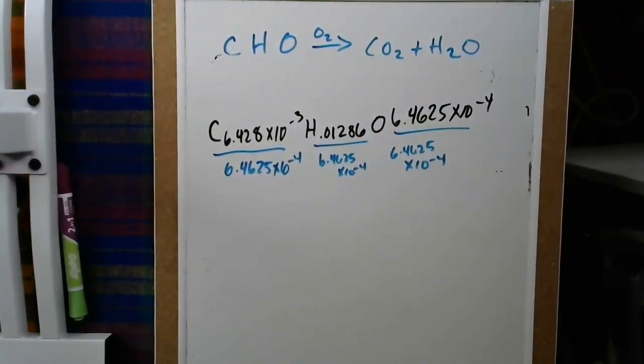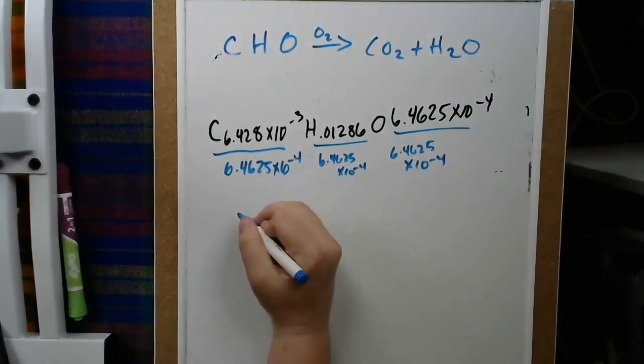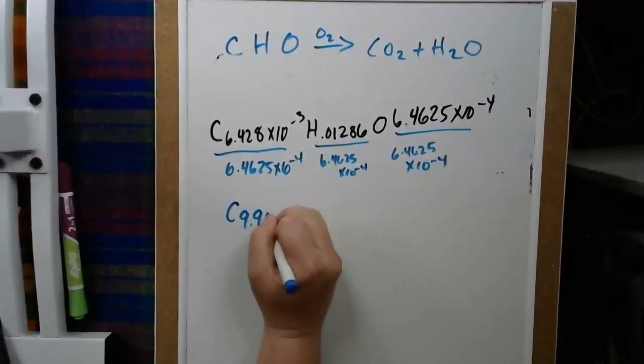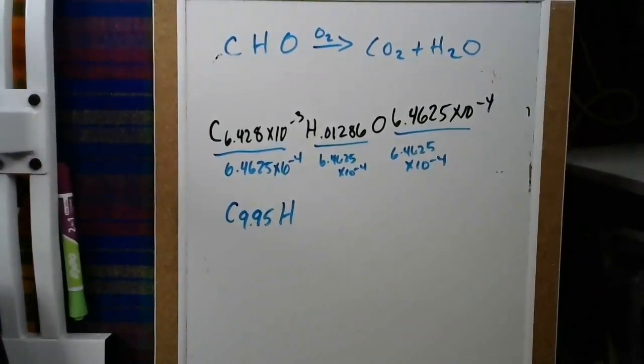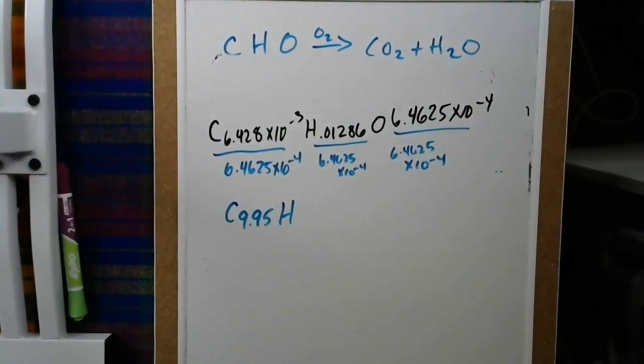All right. Calculator time. So we can see 9.95 for carbon, H, let's see, 0.286 divided by 6 times 10, got 19.